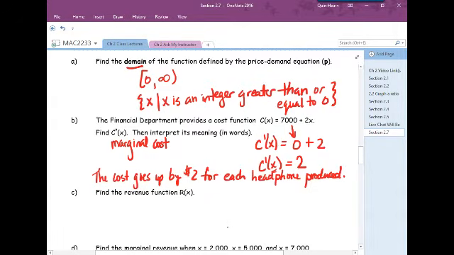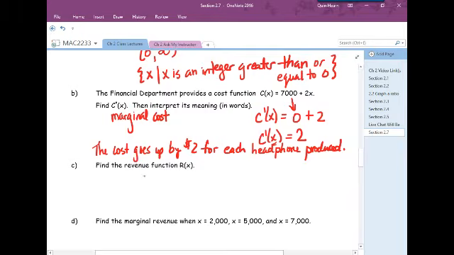All right, now we're asked to find the revenue function. Remember, revenue is the amount of money that you actually put into your coffers. So the amount of money that you're going to get is the price of each unit multiplied by the number of units.